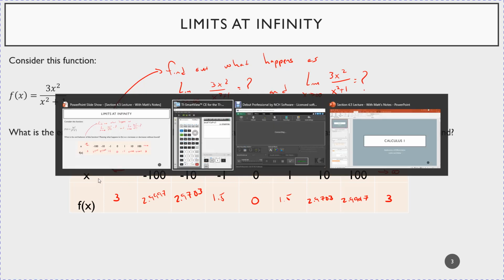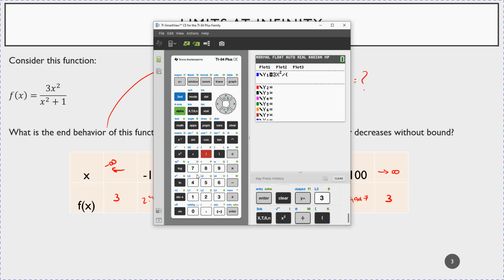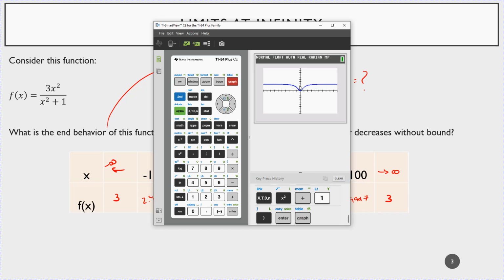And if you look at the graph of this, let me plug this function into the graphing calculator: 3x squared divided by, in parentheses, x squared plus 1. And I look at the graph. Look, you absolutely can see it. As x is increasing without bound, it looks like you're hitting some type of horizontal asymptote.